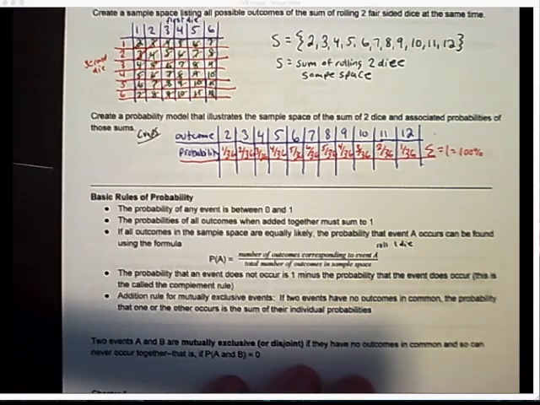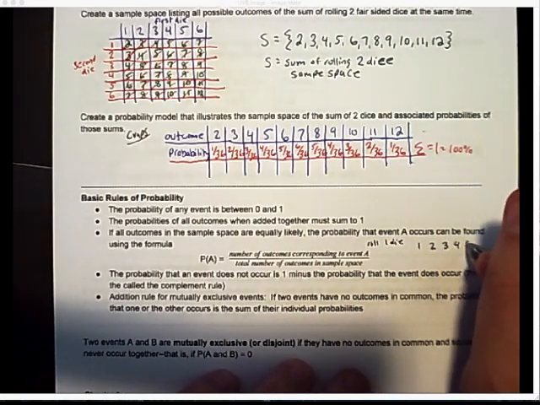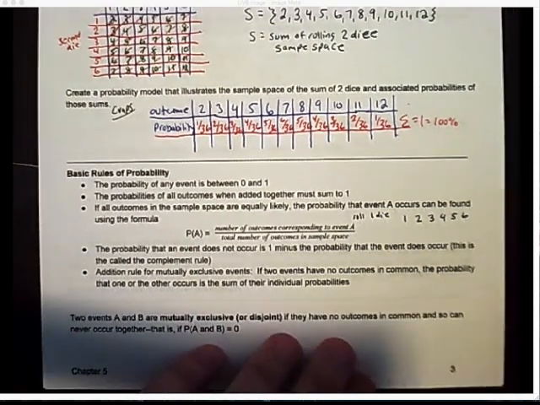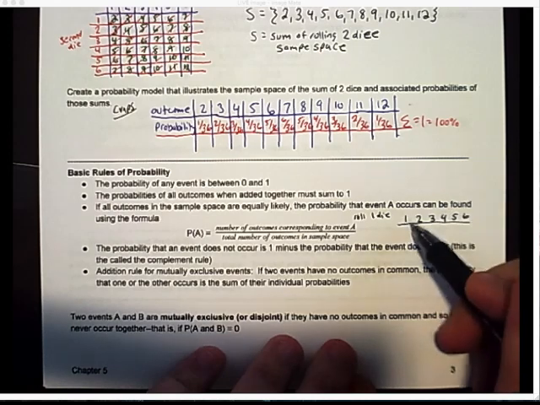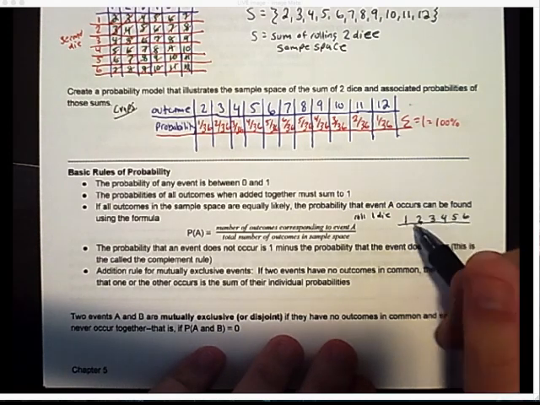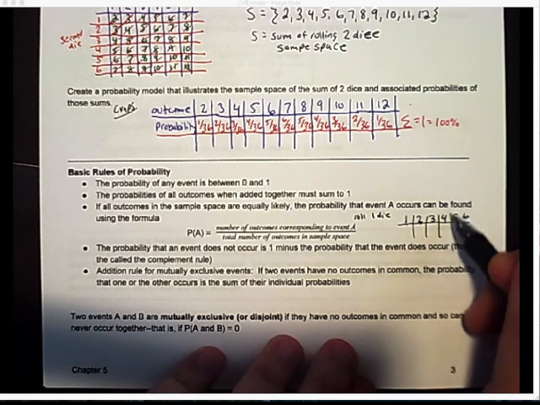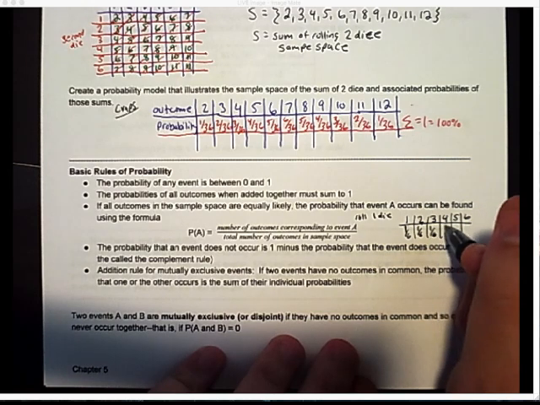If you roll 1 die, you only get the numbers 1, 2, 3, 4, 5, and 6. Now, each of these are equally likely. Okay, when you roll 1 die, you have as much chance of getting a 1 as you do a 2. All right. Therefore, in that type of model, the probabilities would be 1/6.